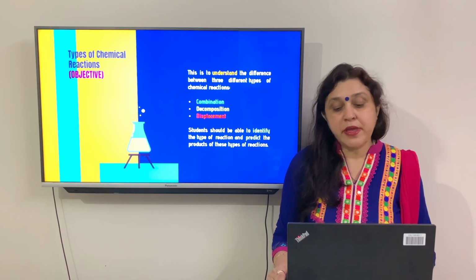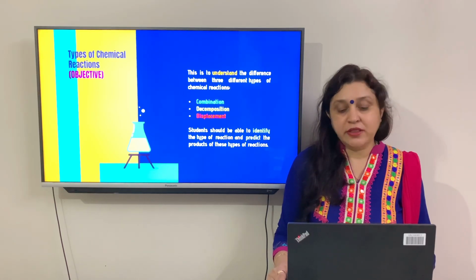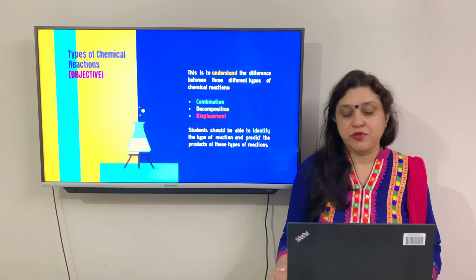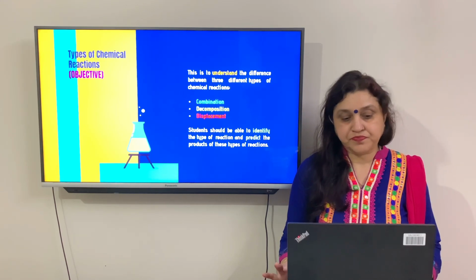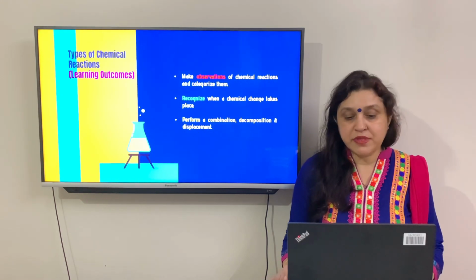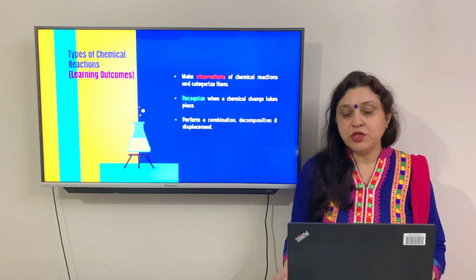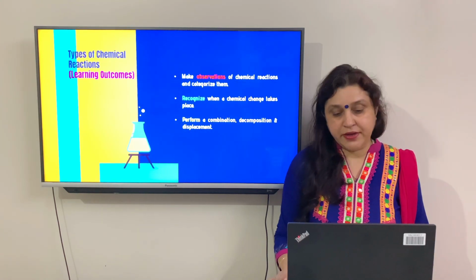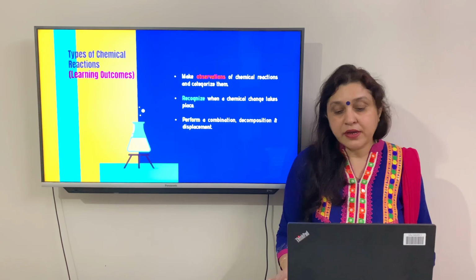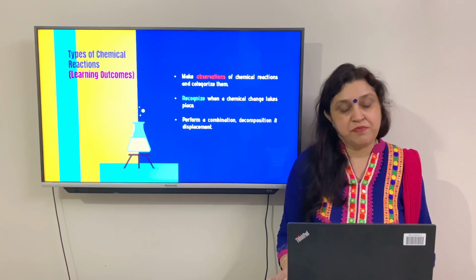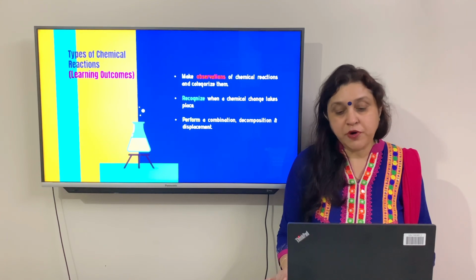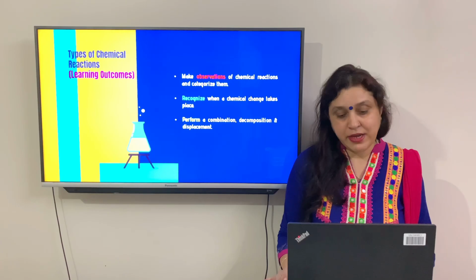And students will be able to identify the type of reaction and predict the products of these 3 types of reactions. And the learning outcomes are, make observations of chemical reactions and categorize them, recognize when a chemical change takes place, and students can be able to perform combination, decomposition and displacement reactions.